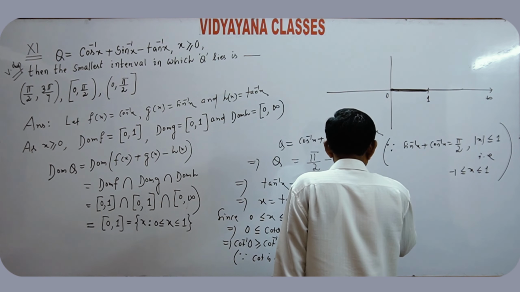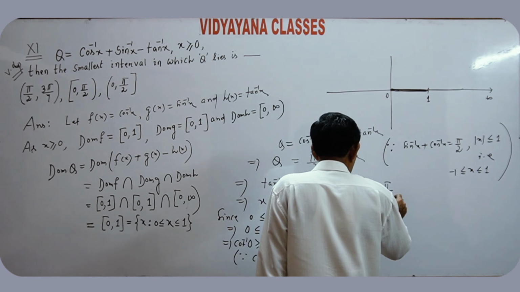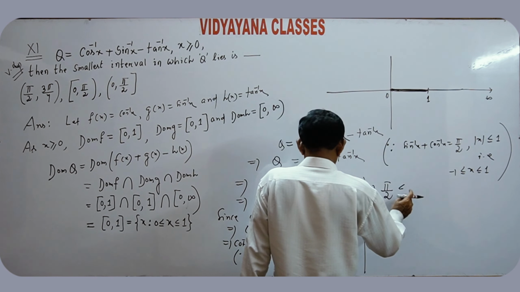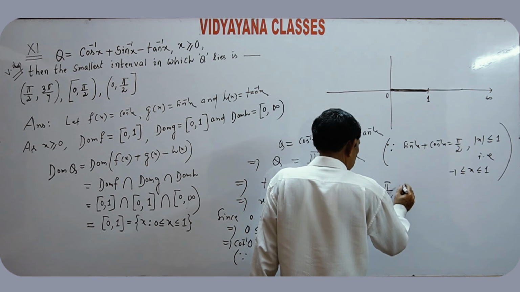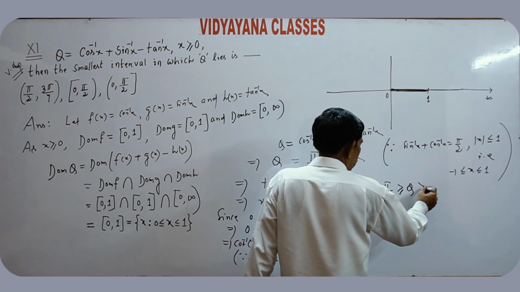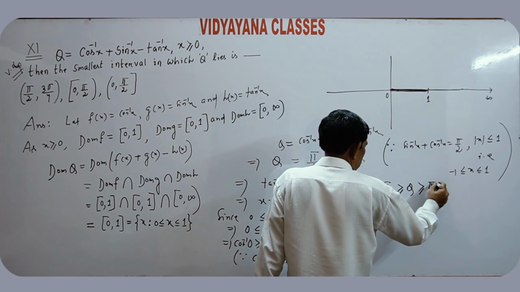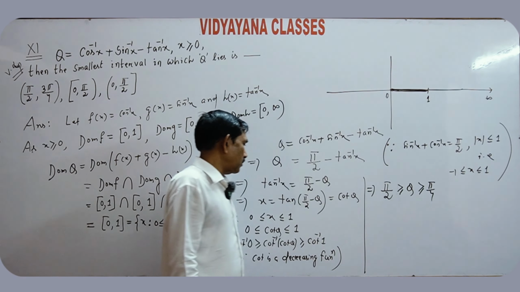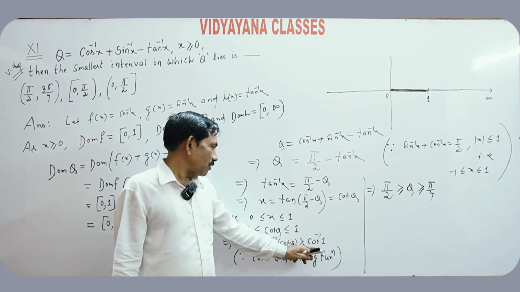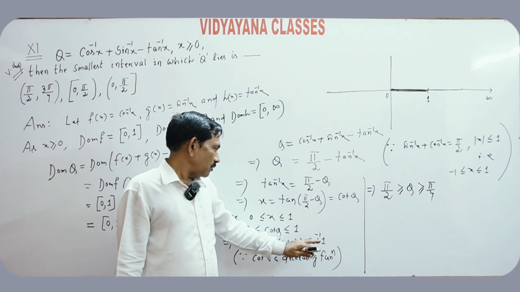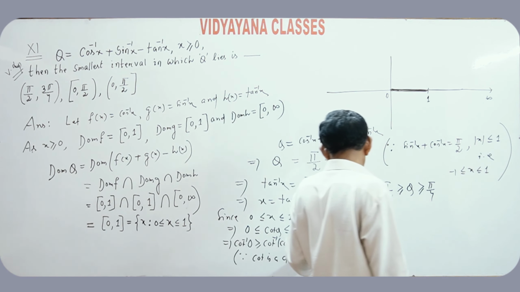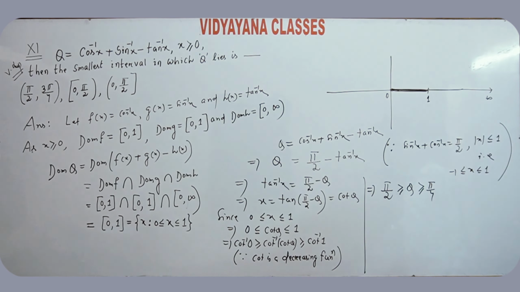cot inverse 0 is pi by 2. Cot inverse cot theta is theta, and cot inverse 1 is equal to pi by 4. Cot inverse 1 represents a radian angle.